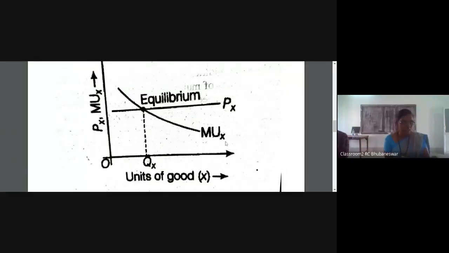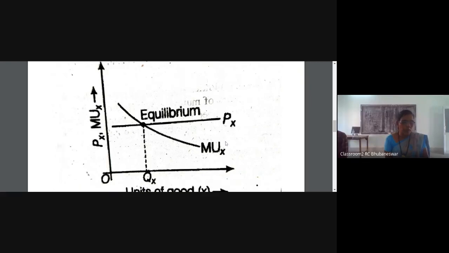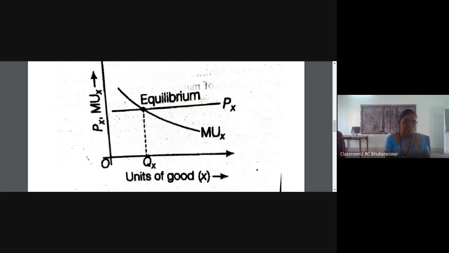Here the equilibrium is derived in the one commodity case. Suppose a consumer with fixed income consumes a single commodity X. Here the consumer consumes only a single commodity X. He will continue his consumption as long as the marginal utility that he derives from the consumption of a unit of the commodity is greater than the marginal utility of money spent on purchasing that unit.